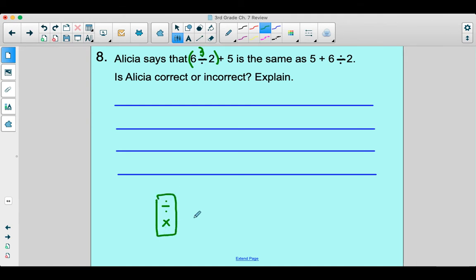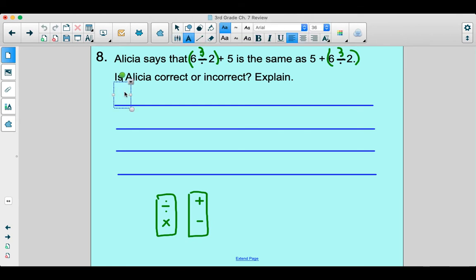And then we do the addition and subtraction in order from left to right. So that tells me we have to do the 6 divided by 2 first because this one shows up first. So I'm going to put a little hug around this one. So it's going to be the same thing again. We have a 3 right there. So 3 plus 5 is still 8. So they both equal 8. So Alicia is correct.